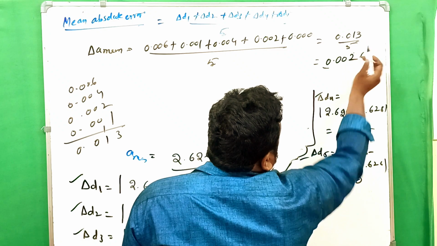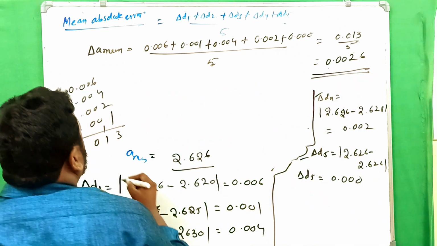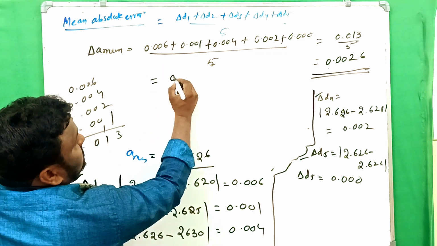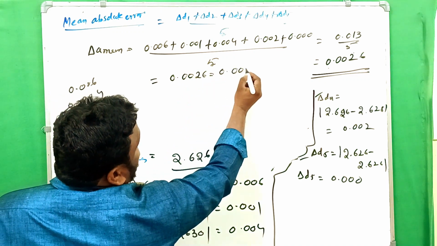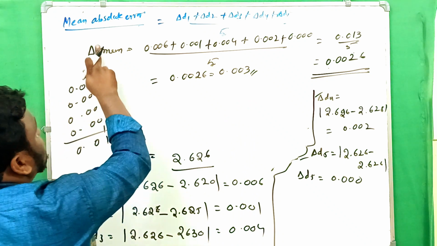Here how many decimal places are there? 4 decimal places. Here how many? 3. We have to round off like this. Then 0.0026 is equal to 0.003. So that is delta d mean.